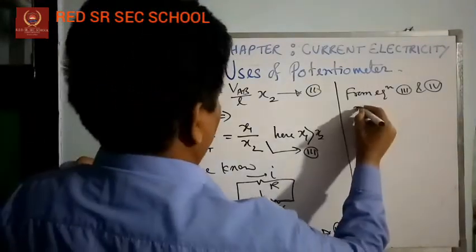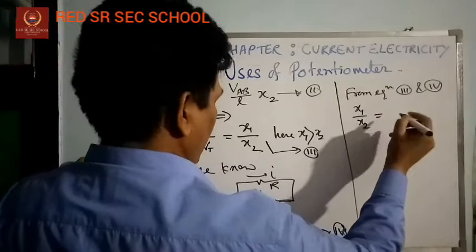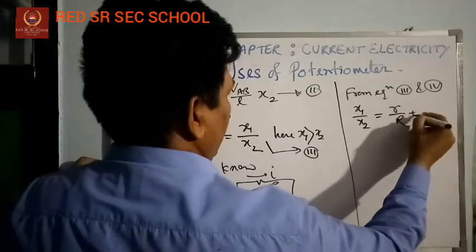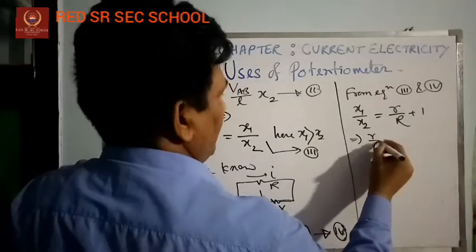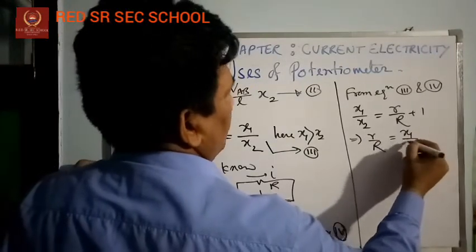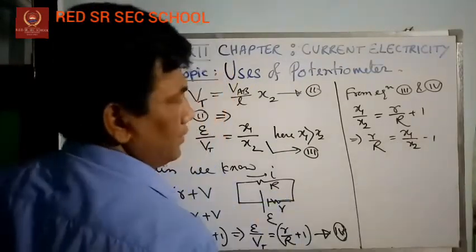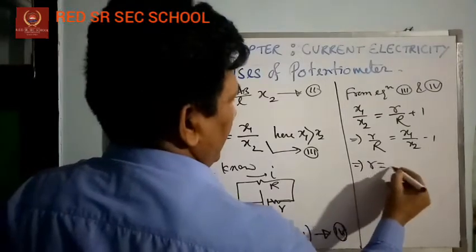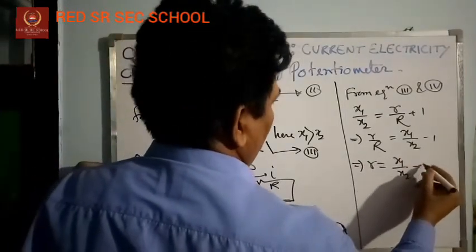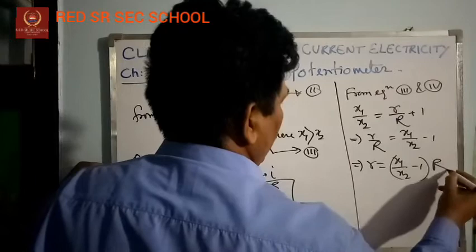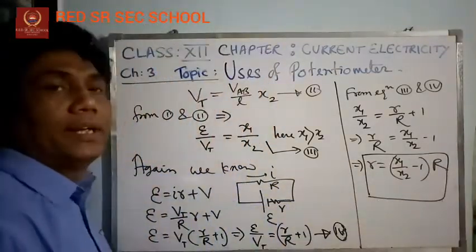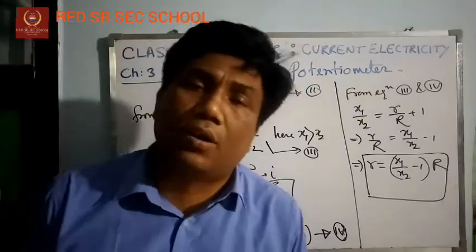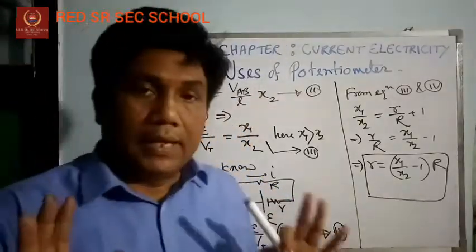It means x1 upon x2 equals this one. So from that I can get r upon R equal to x1 upon x2 minus 1, and from that, r equals (x1 upon x2 minus 1) whole into R. So this is the expression from which you can calculate the internal resistance of a cell.